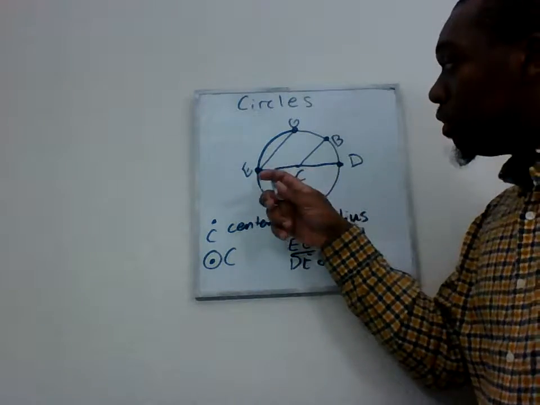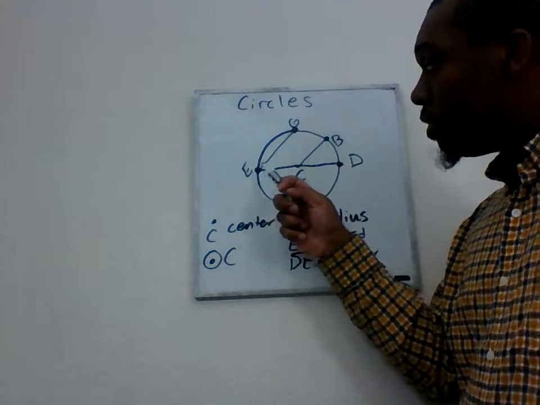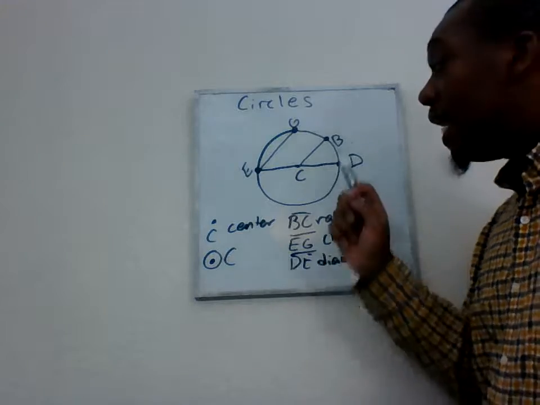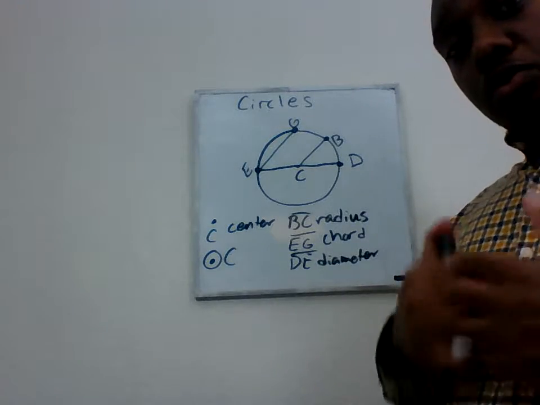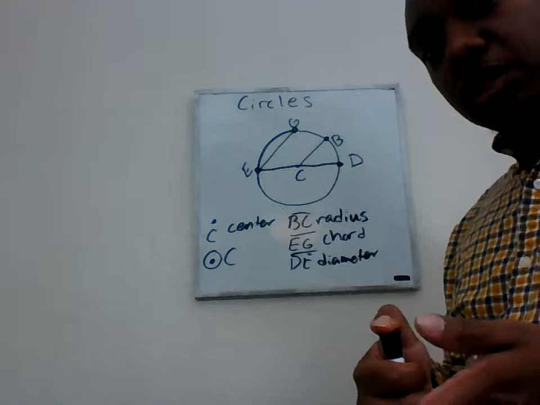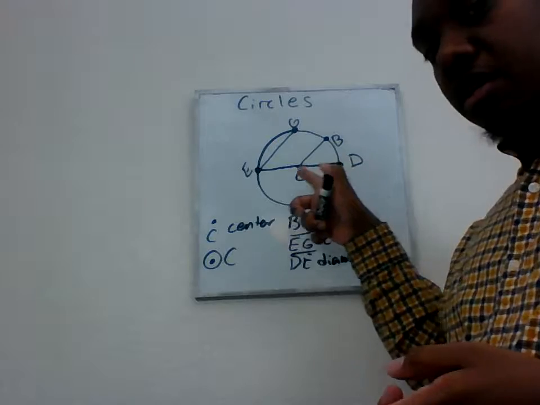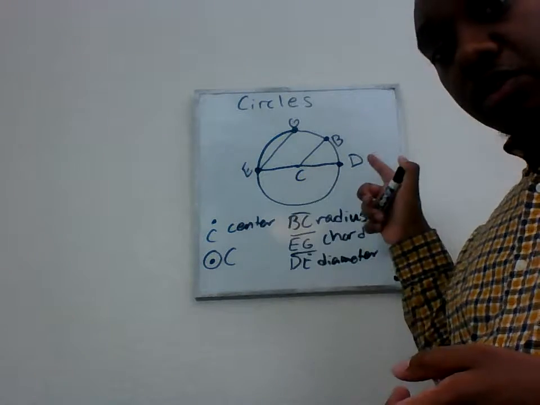A chord goes from one point on the circle to another. That's what we just drew here as well. The only difference is that this is going through the center. So the diameter will go through the center of the circle. It goes from one point on the circle to another through the center.